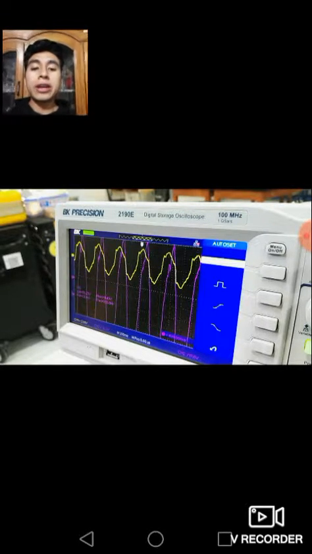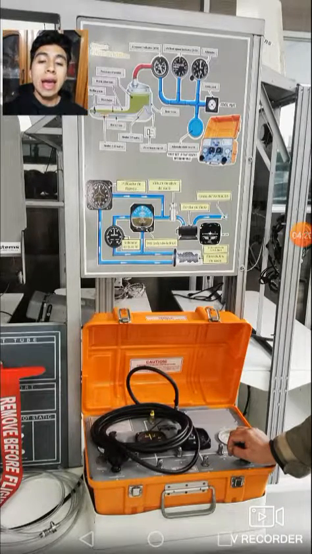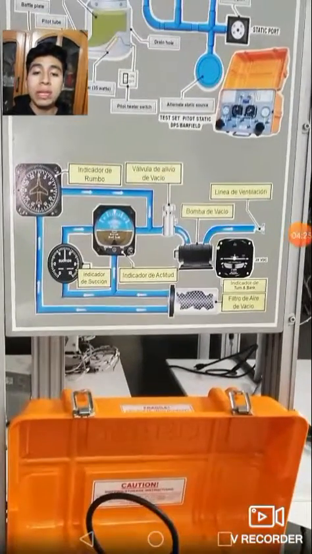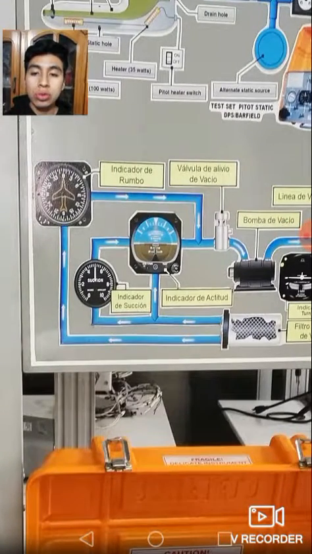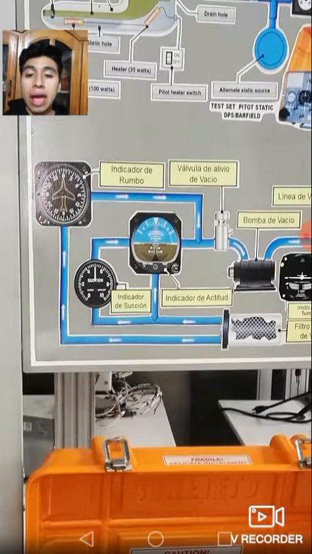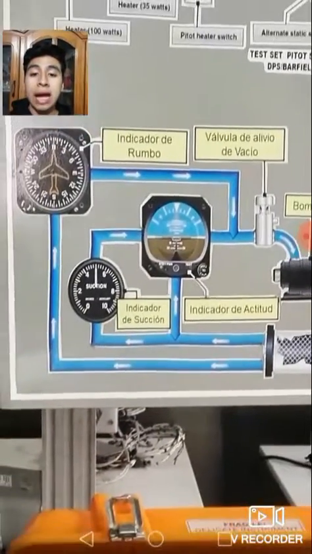On the other hand, I can have an activity with a vacuum system. This vacuum system supplies vacuum and has a relation to the gyro or heading indicator, or maybe the altitude indicator.